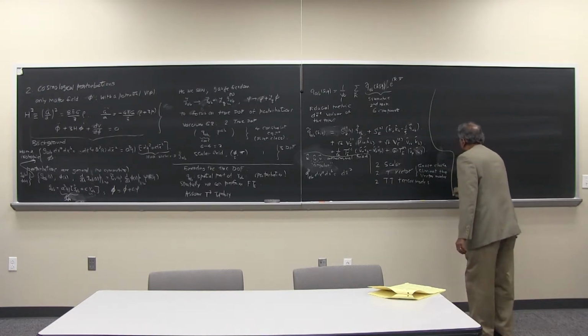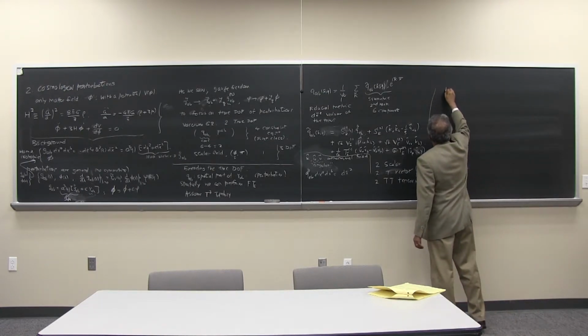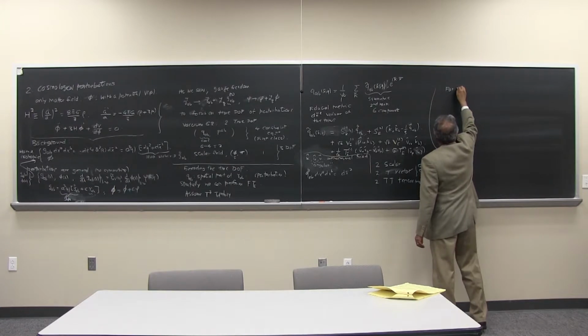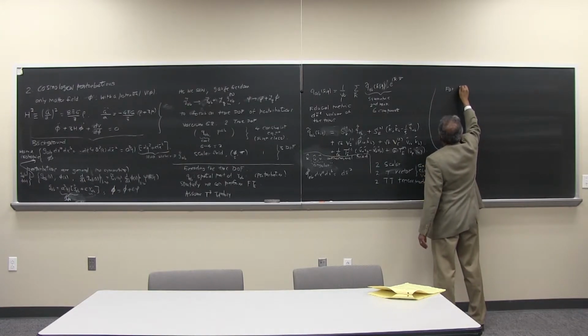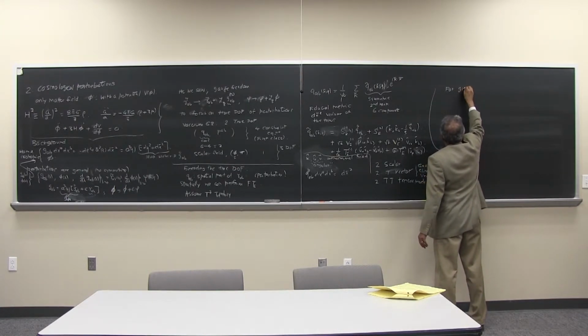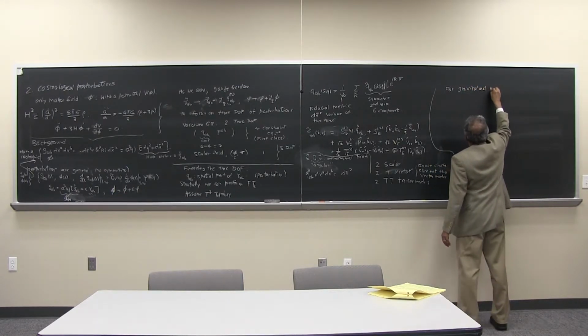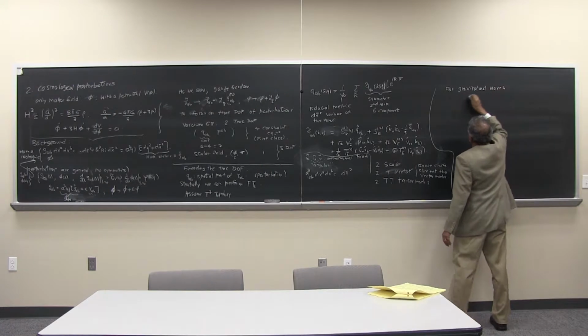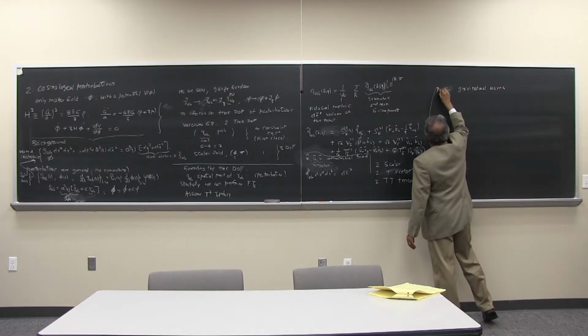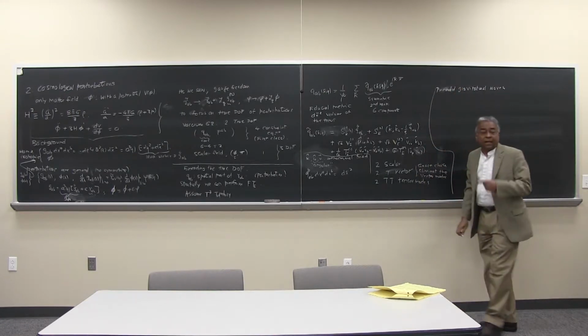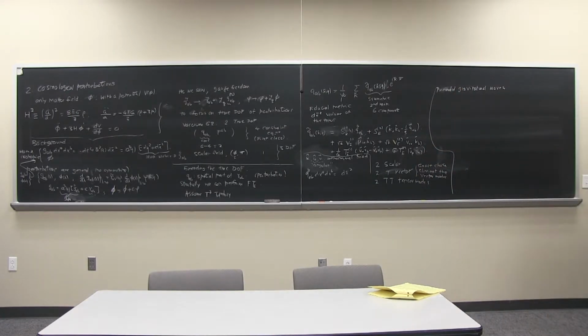So the statement is that for gravitational waves, if you like, these are primordial gravitational waves. As I told you last time, the big difference is that for the primordial gravitational waves, there's no source.